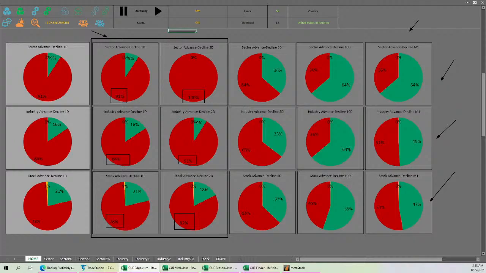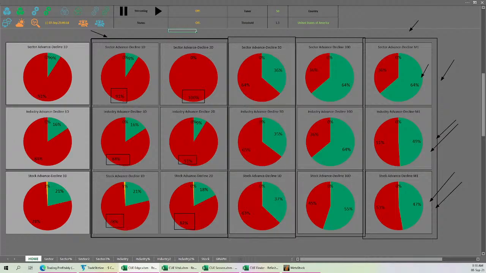If we look at the longer term periods, 10 day and 1 month, okay, the 10 day period is slightly more bullish than bearish. For the 1 month period, if we look at the stocks and industries, it is balanced, sectors a little more bullish. The 5 day period is also bearish.